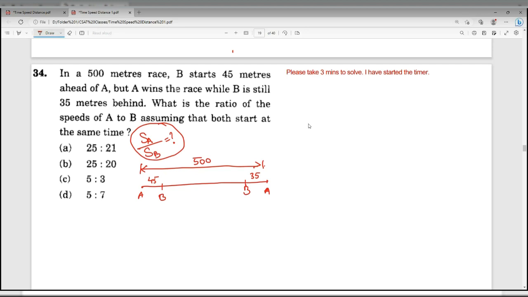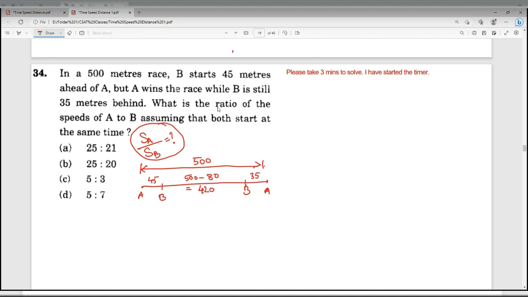So you need to add these two, 45 plus 35, that is 80. So we need to calculate 500 minus 80, that is equal to 420 meters.